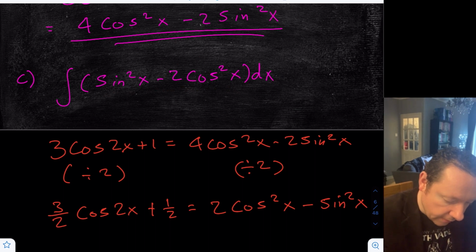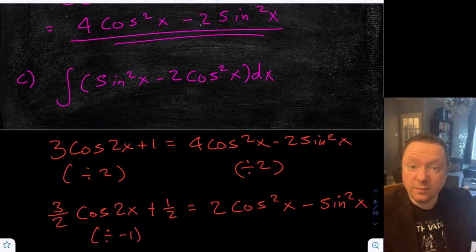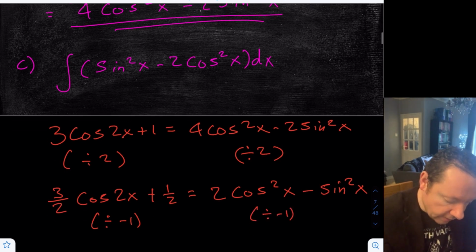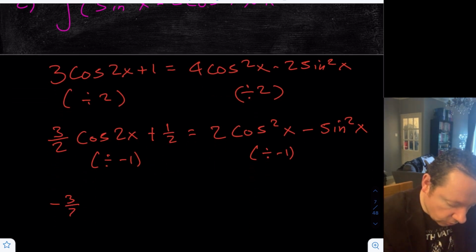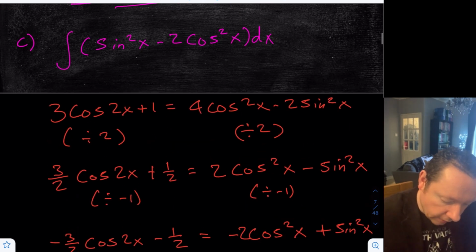So if I then divide through by minus 1, or move everything to the left hand side, I suppose, is another way to think of it, then you get minus 3 over 2 cos 2x minus a half equals cos squared x minus 2 cos squared x plus sine squared x, which is exactly what I'm trying to integrate.